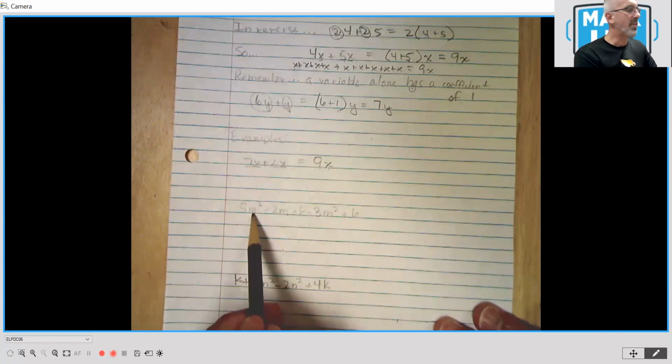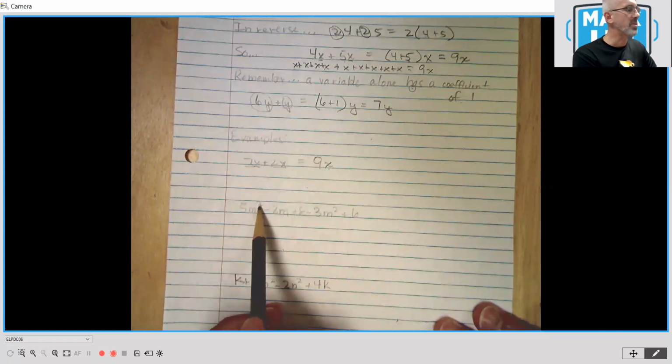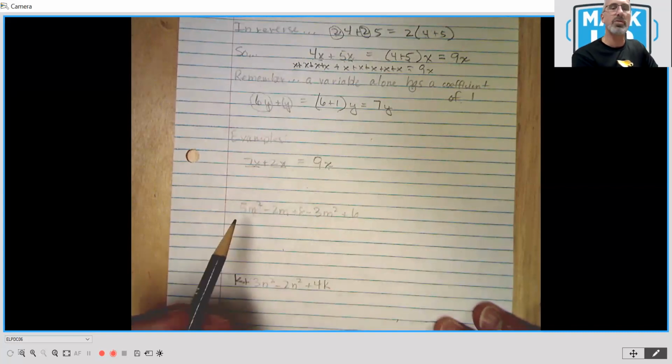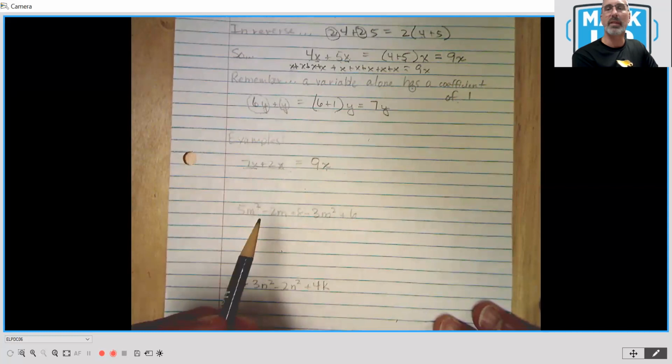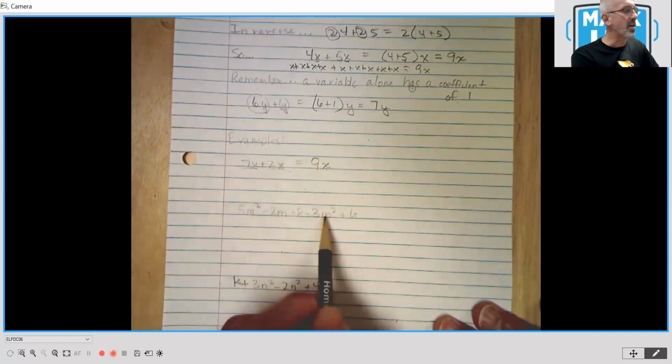Now, we have some powers, some exponents here. We have 5m squared minus 2m plus 8 minus 3m squared plus 6. Lots of stuff going on. So what we're going to do is determine what our like terms are: anything that has the same variable and the same power.